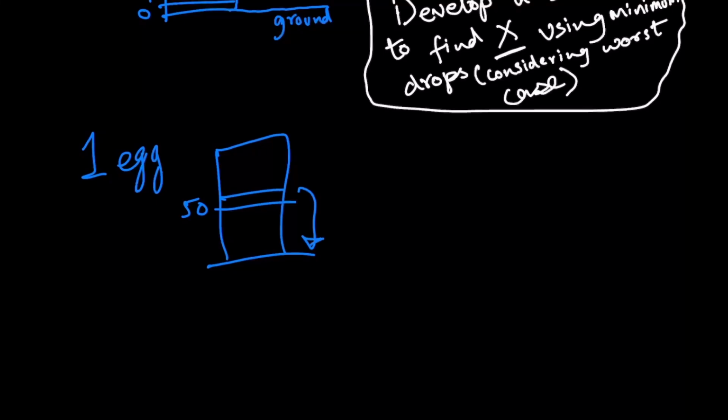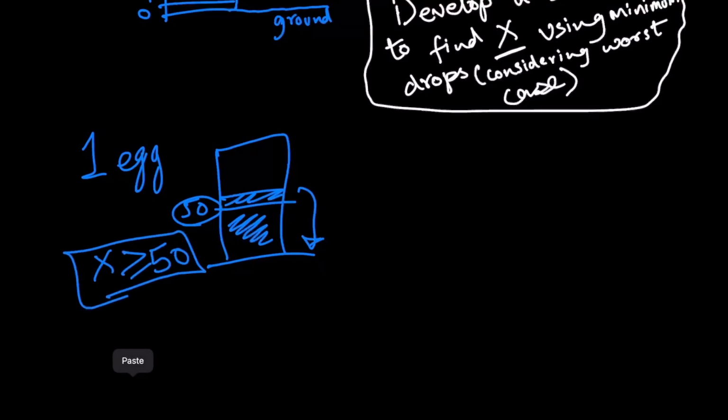If the egg doesn't break, then great. I know that there's no floor beneath floor 50 from which it's going to break, because it didn't even break on 50. So my x value is either 50 or greater than 50. That's the information I got.